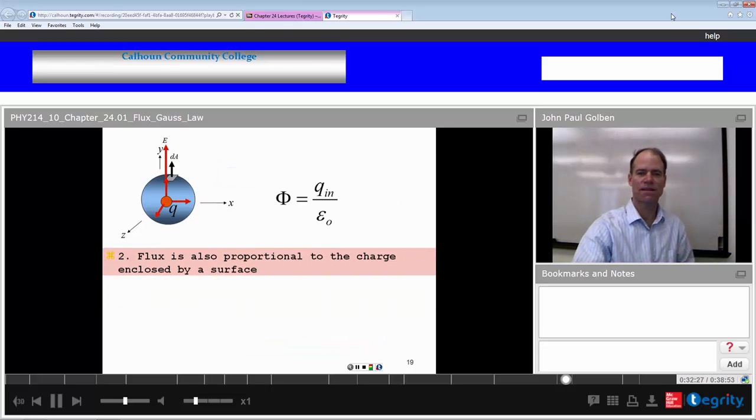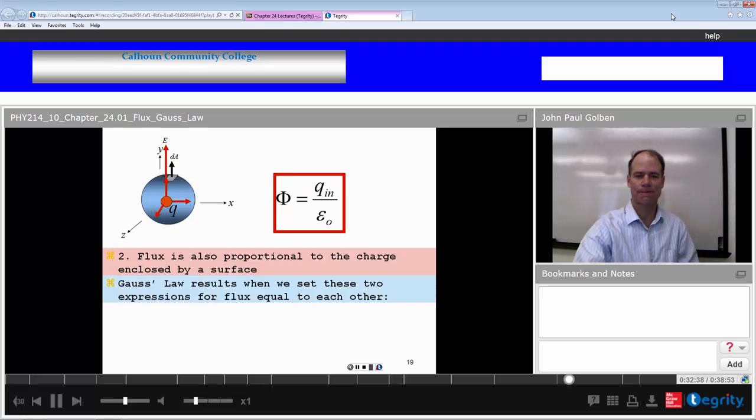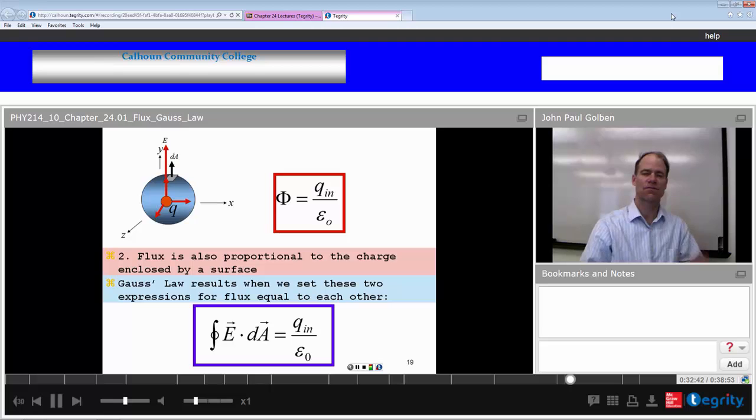We also had that if we had a charge inside the surface, the flux through that surface is proportional to the charge inside. It's equal to the charge inside divided by epsilon naught. Combining these two, flux equals flux, we get Gauss's law.